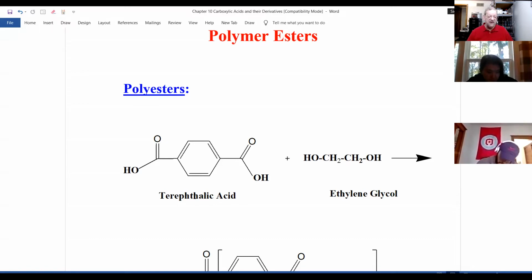And here, this is a dicarboxylic acid, or we usually just say diacid. And you have a carboxylic acid here and a carboxylic acid here. And it has the common name, and I don't know if that's also the IUPAC name, terephthalic acid.